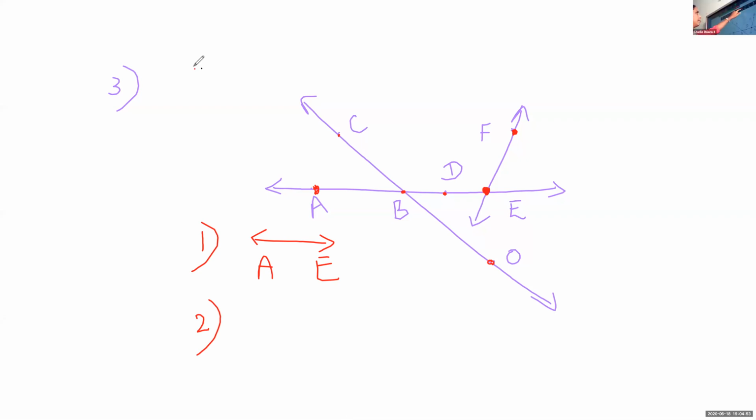AE. Line AE, same line. Wait. Line passing through A.